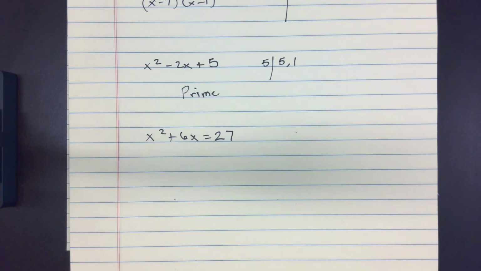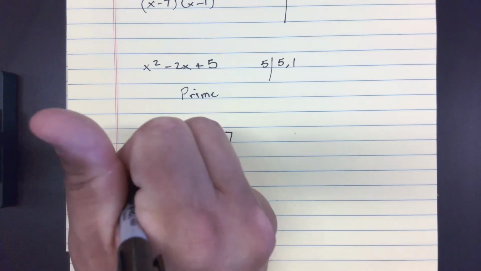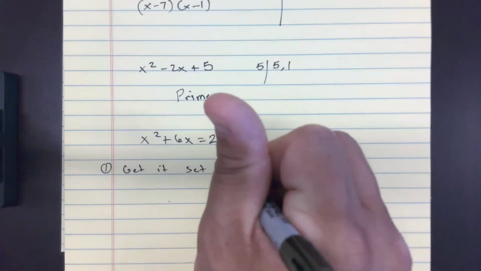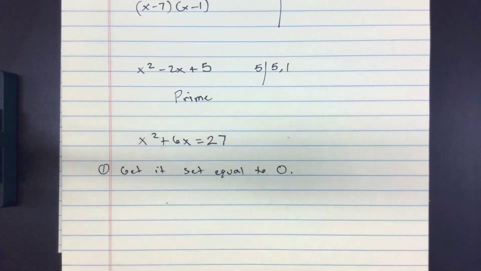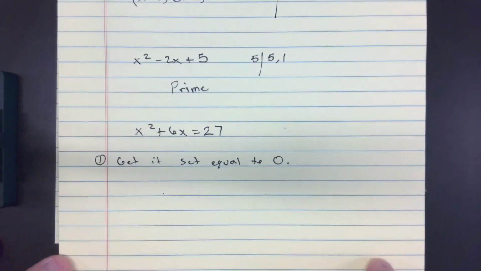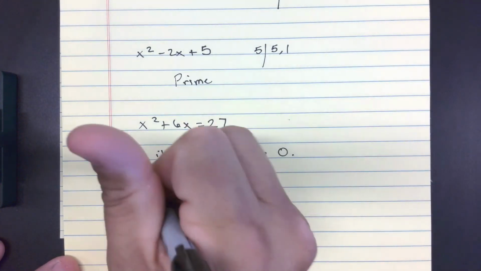Get used to saying this. Anytime you see a polynomial and there's an equal sign, you have to get it set equal to 0 in order to solve it. And I'm going to show you why as we go through this problem, but you have to do that. So, step number 1. Get it set equal to 0. Yeah, but we're going to have to subtract it, right?